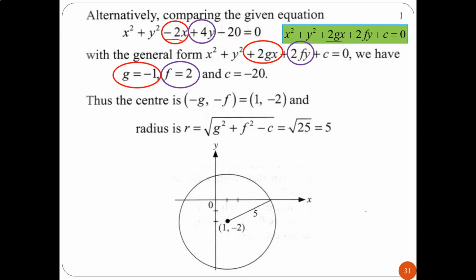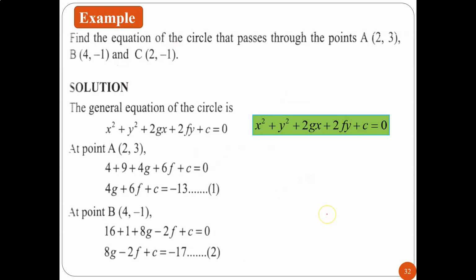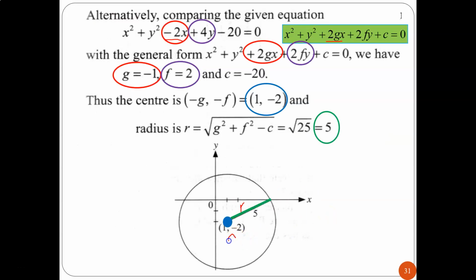So when you draw it, first you need to draw the x-axis and y-axis. Sketch where the point, the center, is, and then you have 5 over here. The radius is 5. Then draw a circle around it. So that's it. This is the r. This is your center C.